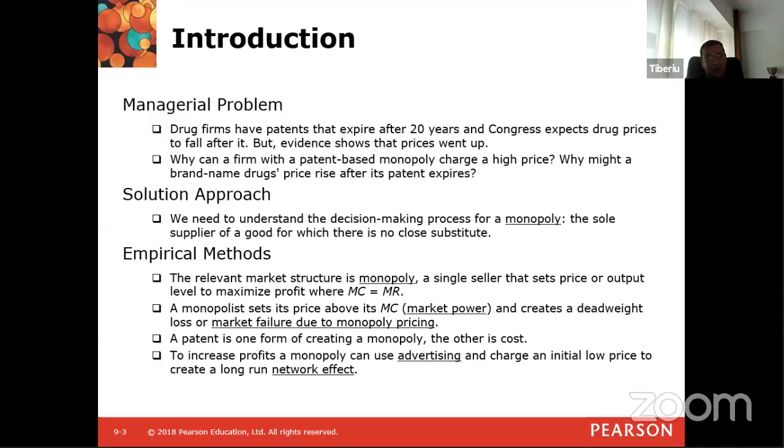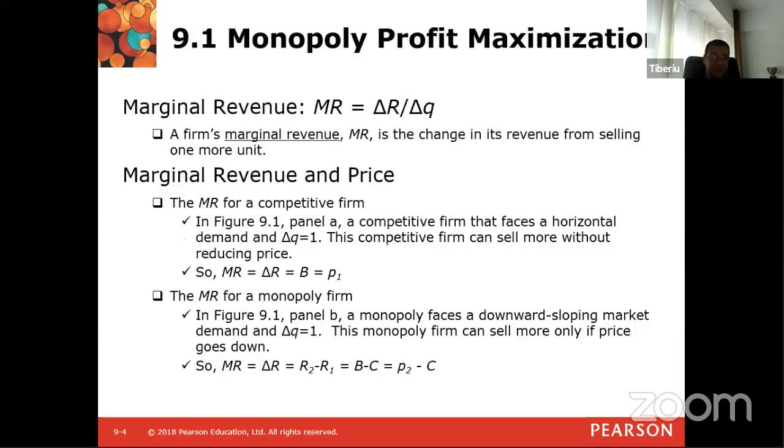A monopolist sets its price above marginal cost using market power, and creates a deadweight loss, or market failure due to monopoly prices. A patent is one form of creating a monopoly, the other is cost. To increase profits, a monopoly can use advertising and charge an initial low price to create a long-run network effect.